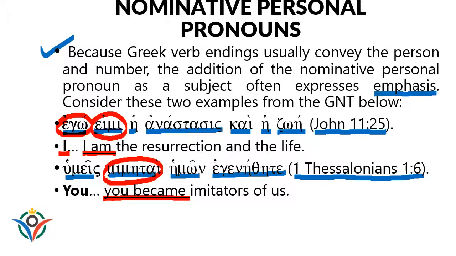And so the presence of the nominative personal pronoun is actually not necessary, but it's there. Paul placed it there for emphasis. And so we could quite literally once again translate this as you became imitators of us. Right, so when you see a nominative personal pronoun that is functioning as a subject, it's often there to express emphasis to the reader.